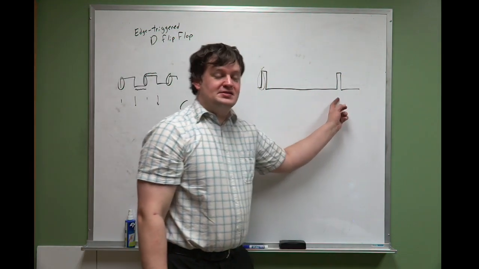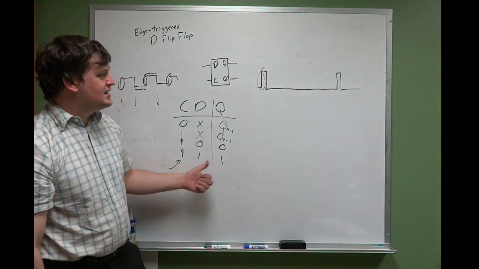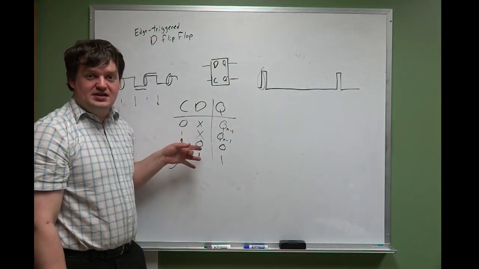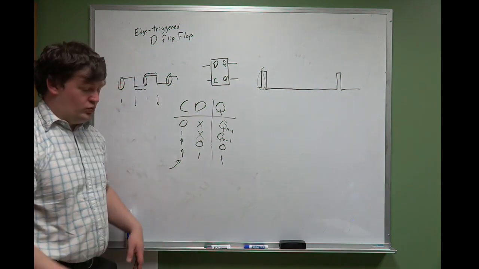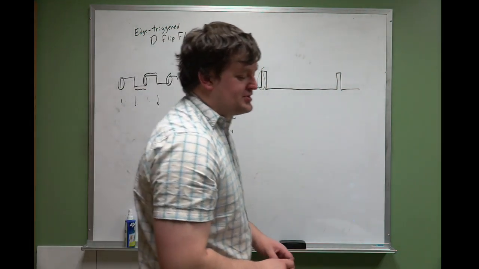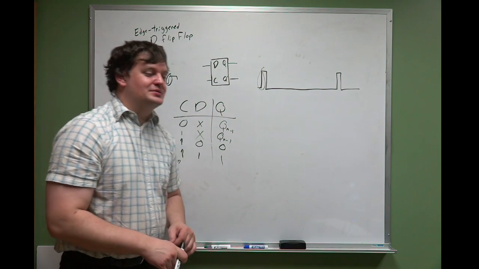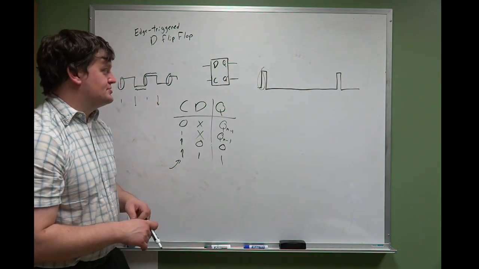And then it waits until this period over here where it once again detects a leading edge. Here's your leading edge, and it reads in the value of whatever D is, and makes Q be whatever D is. We can do that. There are some interesting homework assignments in your book that do stuff like that. So if you really want to go through the end of your book and play around with those, they're kind of fun.